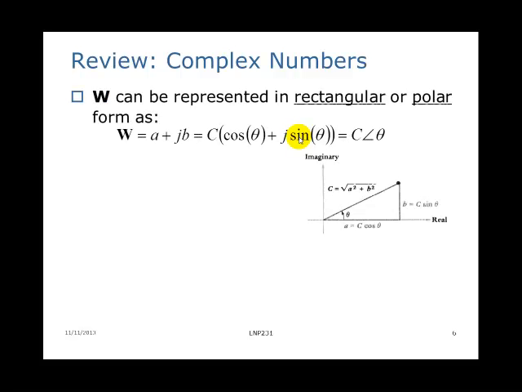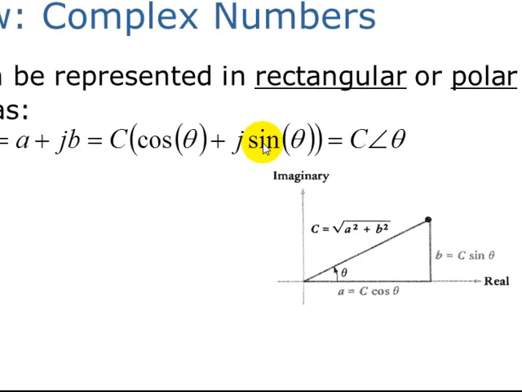W can be represented in rectangular or polar form. So W is equal to A plus JB, and we've plotted that here on the complex plane. The real axis is horizontal, the imaginary axis is vertical, and we have a base that is length A and a vertical side that is of length B, and we can define an angle theta, which is the arctangent of B over A, and a hypotenuse that is the square root of A squared plus B squared.